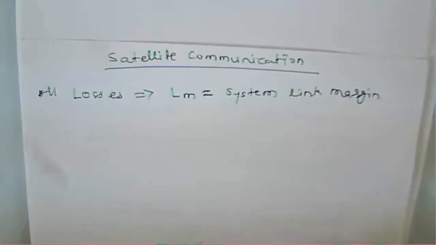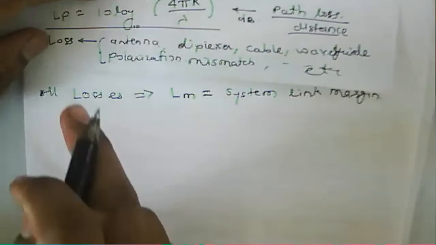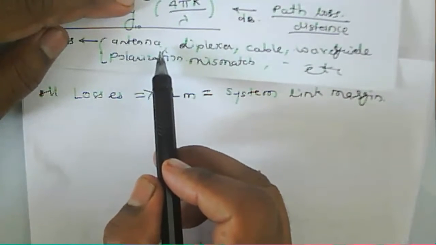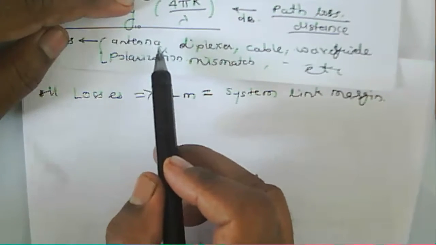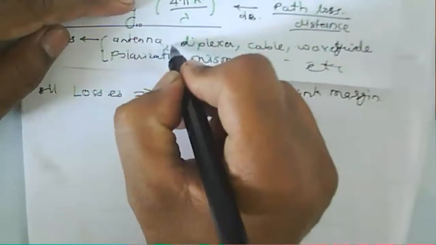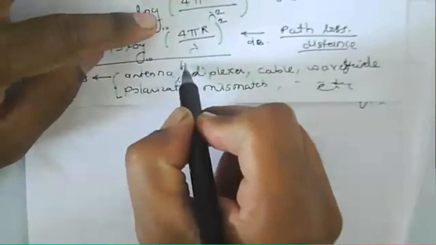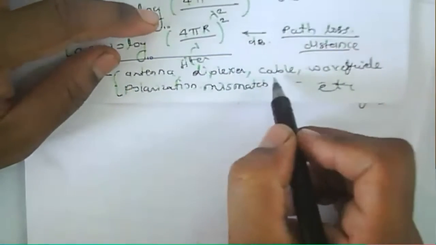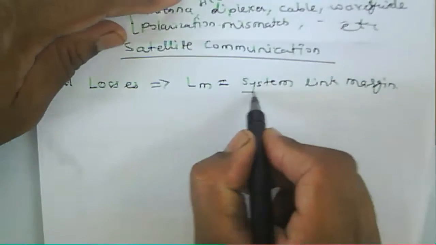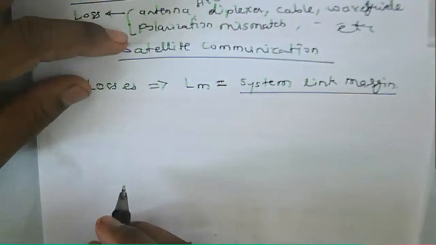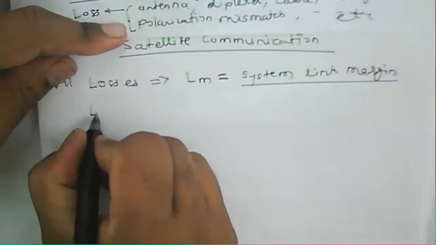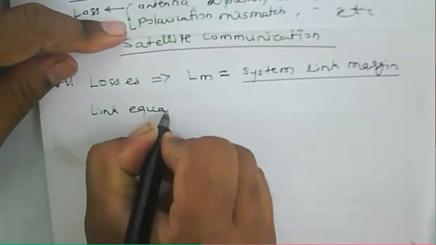We consider all the losses: at the receiving antenna, in the duplexer, and even the filters, the band pass filter. So losses due to the filter, duplexer and cable. All the losses are combined, and that is the system link margin. Using that, we can find the link equation.